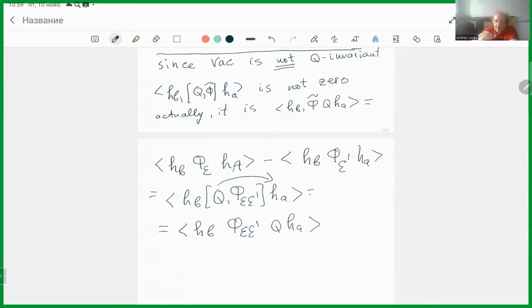I call it A. I call it HD, to be consistent with the picture.